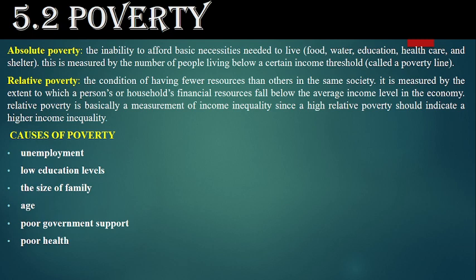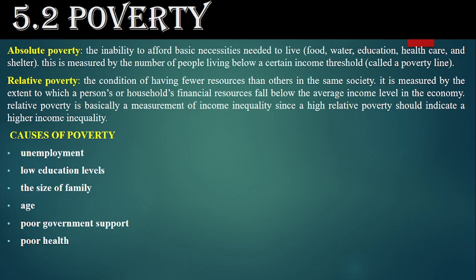For example, if a person lives in a 5 canal bungalow and has a Mercedes, and you have a 4 or 5 canal home and just a Corolla, and you compare yourself with that person, you will find that you are relatively poor. So this becomes relative poverty.